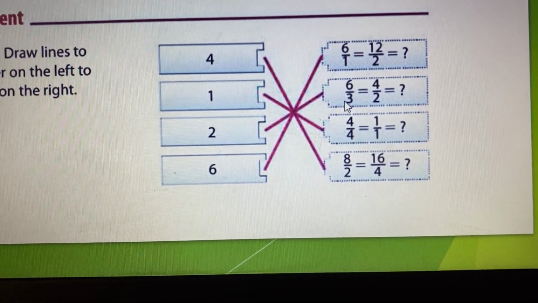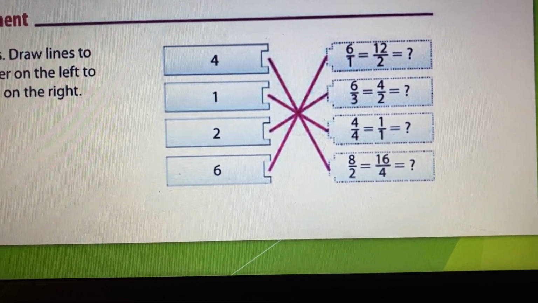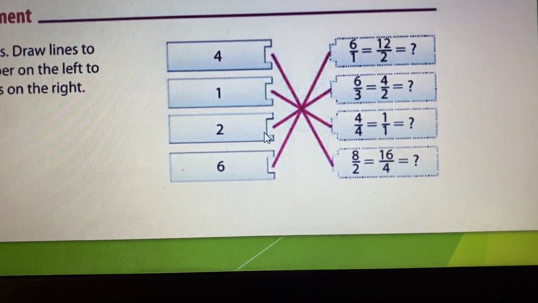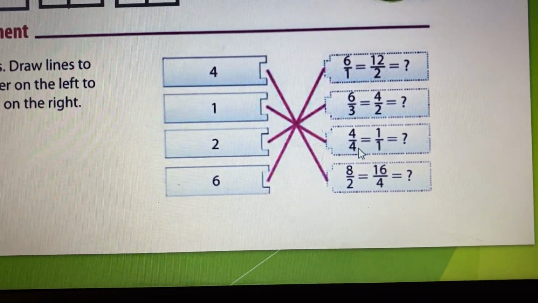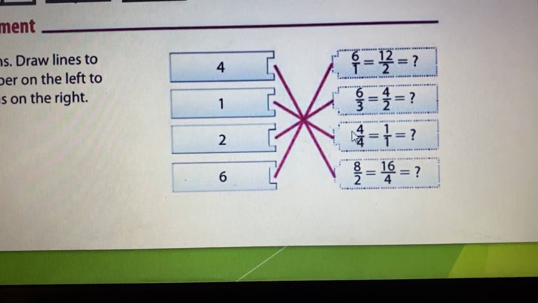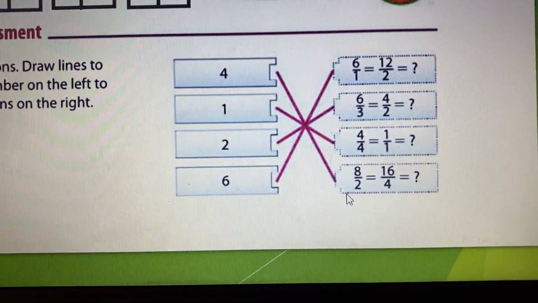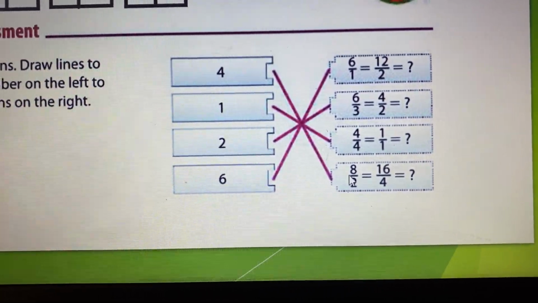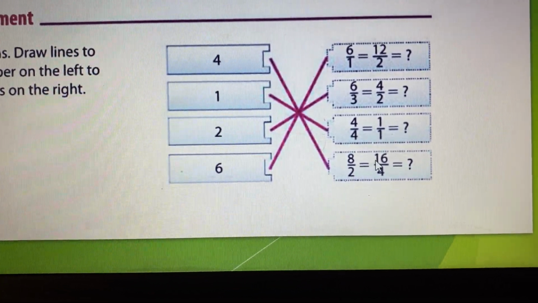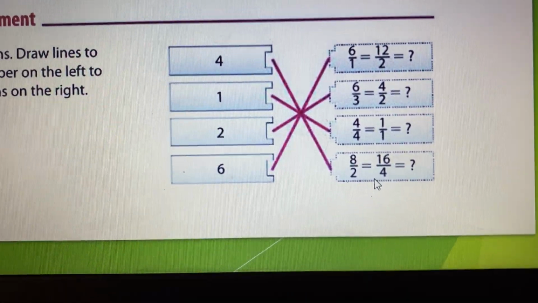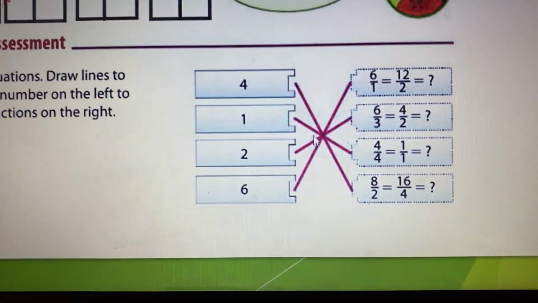So 6 divided by 3 equals 2. 4 over 2. So 4 divided by 2 equals 2. So I'm going to match it with 2. 4 over 4 and 1 over 1: same numerator, same denominator. 1. 8 over 2. 8 divided by 2 equals 4. 16 over 4, so you'll think about it. 16 divided by 4 equals 4. So the answer is 4.